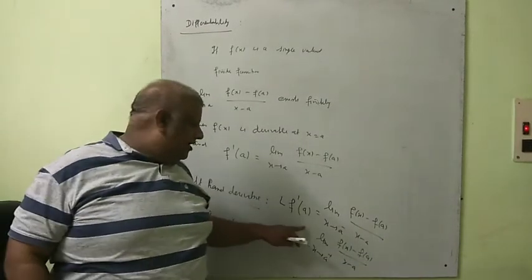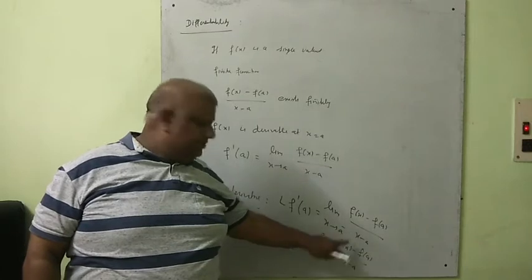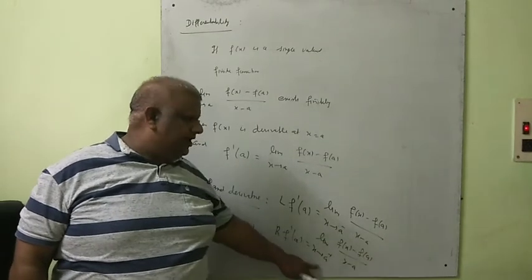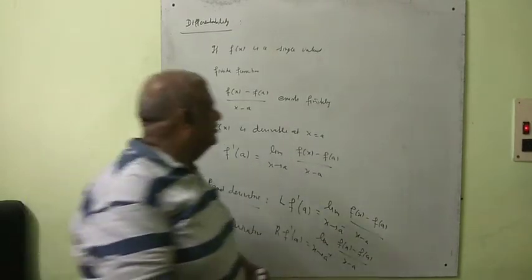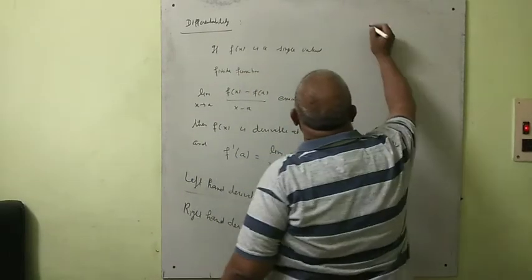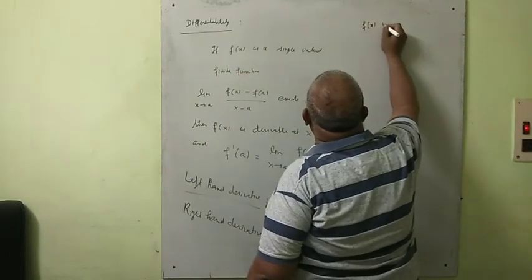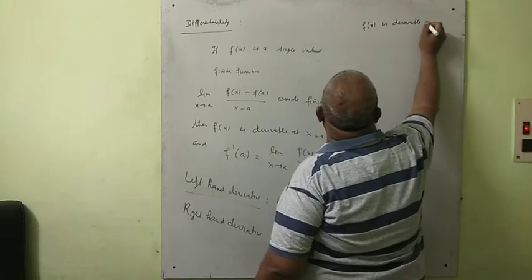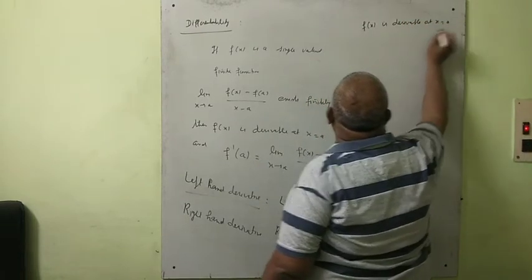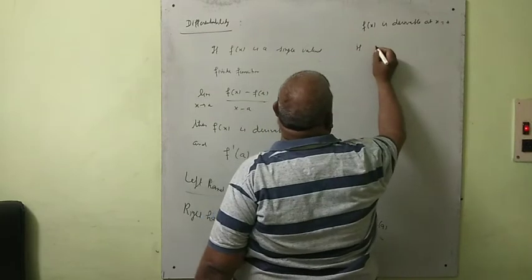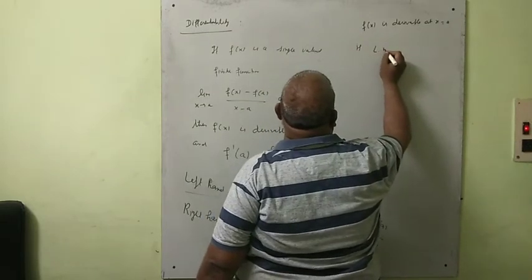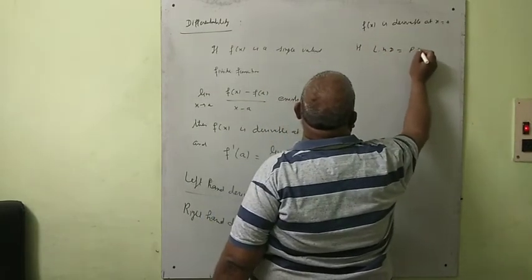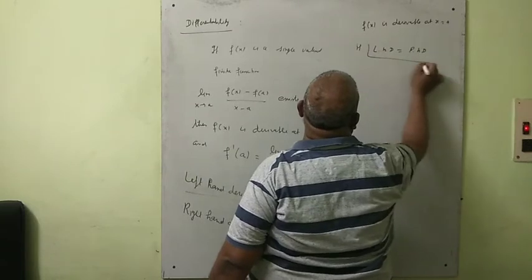So left hand derivative is limit x tends to a minus and right hand derivative is limit x tends to a plus. And f(x) is derivable, differentiable at x equal to a if left hand derivative is equal to right hand derivative. This is the condition.